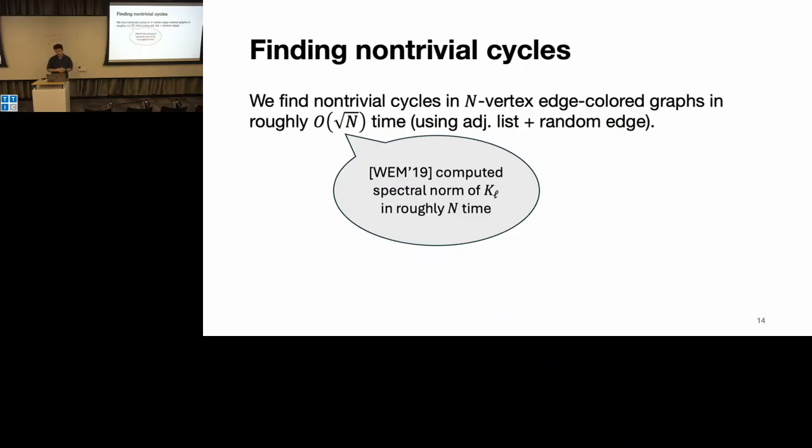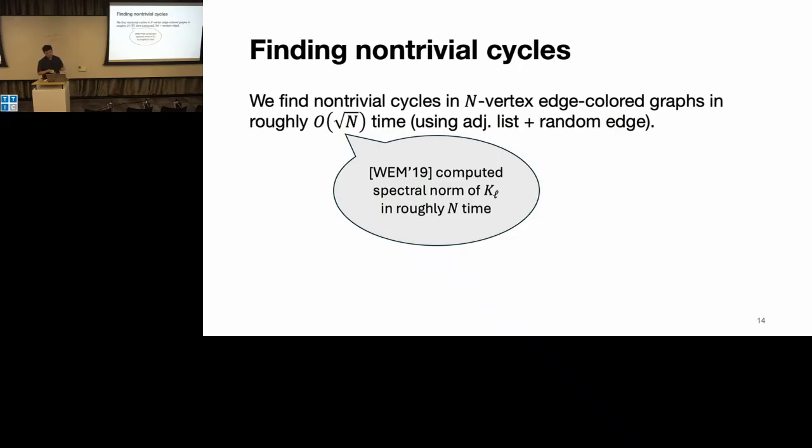Our algorithm uses somewhat standard tools from sublinear algorithms, but in this new context, to find cycles in this graph in square root of N time, which is a birthday bound sort of argument. But this is now capital N, which is actually sub-exponentially large in the number of variables in the original problem.